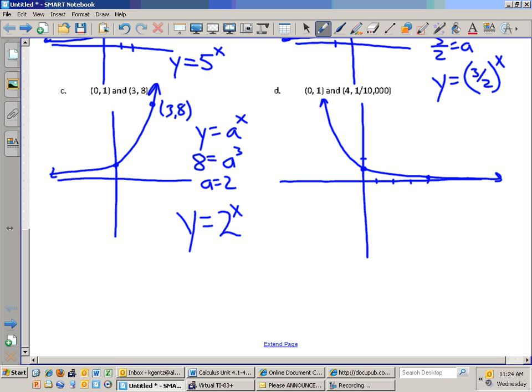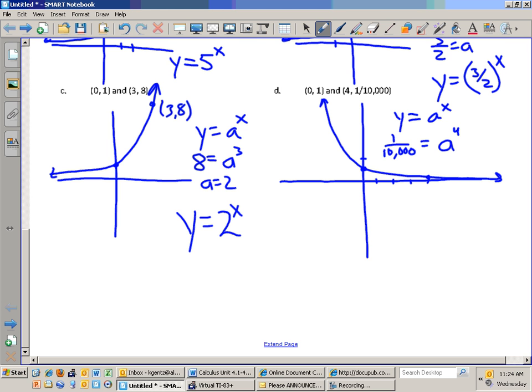So that means our a value is smaller than 1. So let's try to figure out what our a value is. We're looking for y equals a to the x, and we know 1/10,000 is the y value, equal to some number a to the 4th power. Do you know what number you take to the 4th power to get 1/10,000?